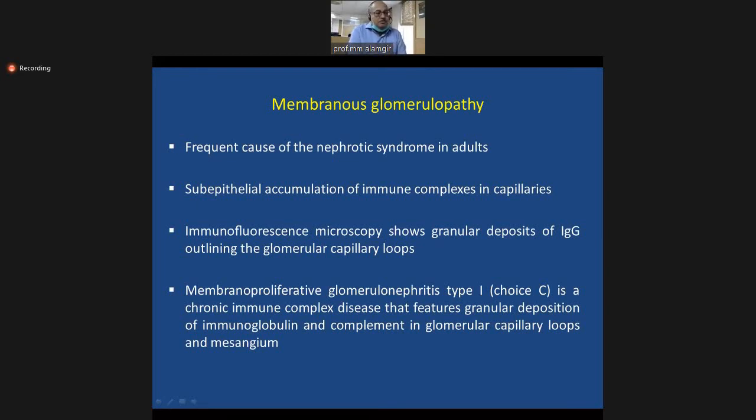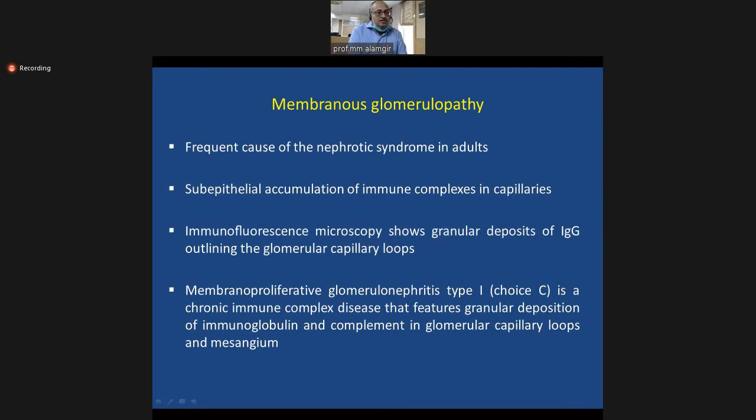So once the fibrosis develops in the glomerulonephritis, nephritis means inflammation, then anti-inflammatory drugs like steroids have no role. So that's why as the disease progresses, as the fibrosis progresses, as the sclerosis progresses, the patient becomes resistant to steroid treatment.